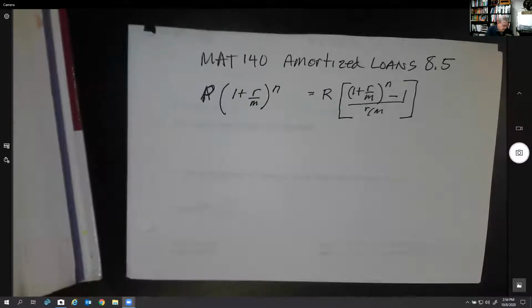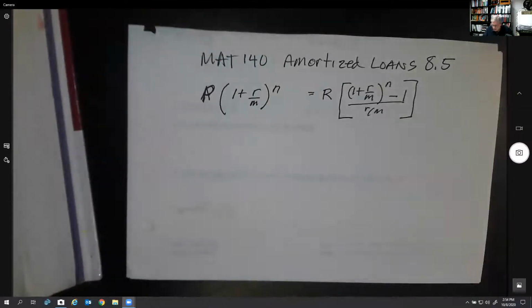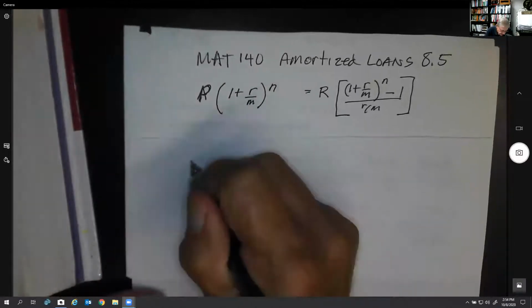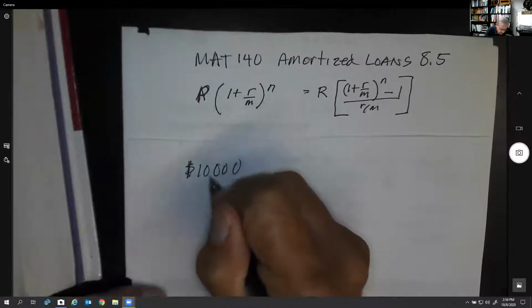All right. So let's see what we can do. Let's try this first example. This example says you've taken out an amortized loan of $10,000. Let me write the information down here on a piece of paper. Got this loan for $10,000. You're buying a new car.